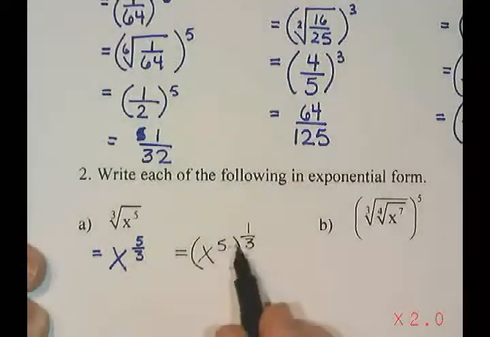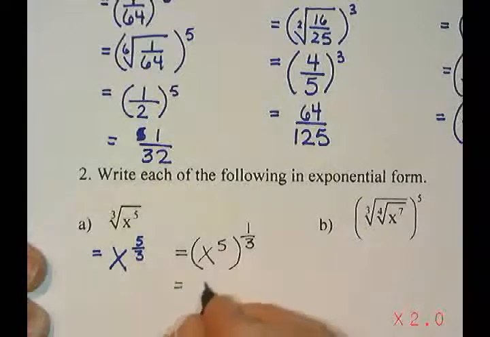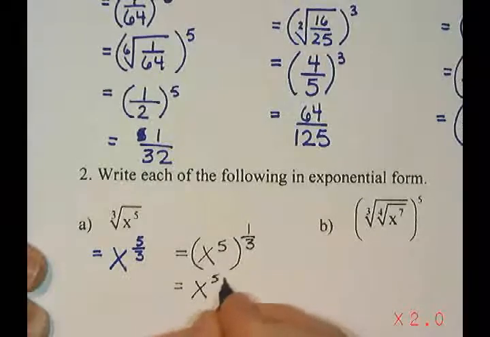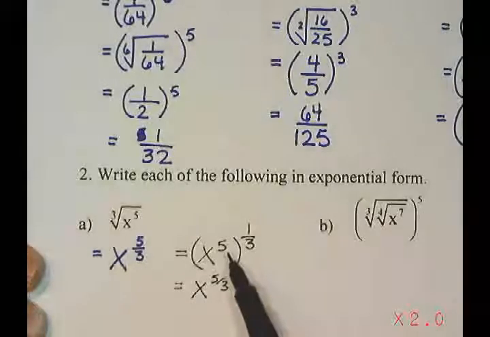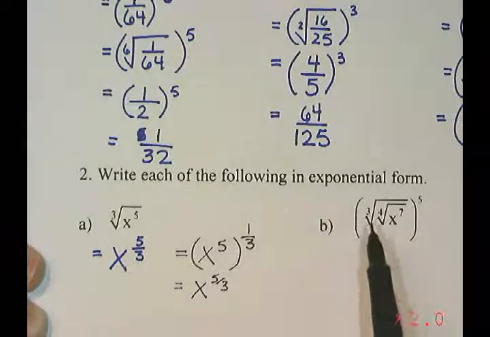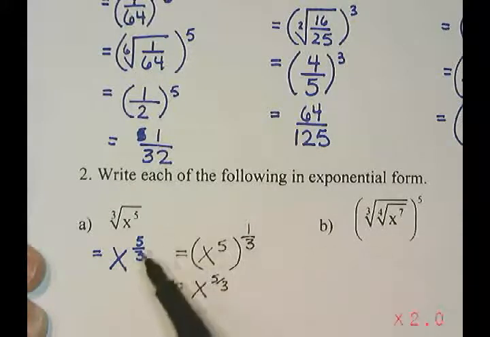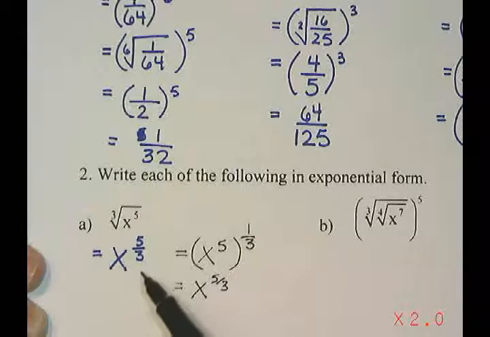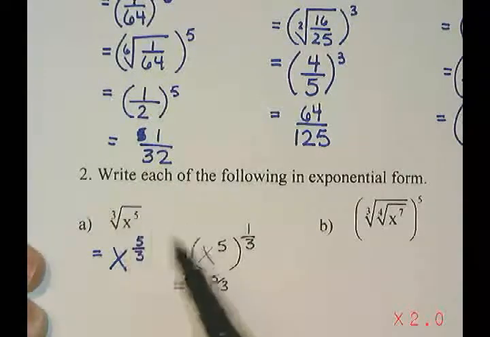And then if you multiply these together, 5 times 1/3 is x to the power of 5 over 3. So this method is sometimes helpful on things like the next question where you have multiple steps. But this one is usually the one that I like to use the most, where I just try to write it with the exponent and the root all at once.